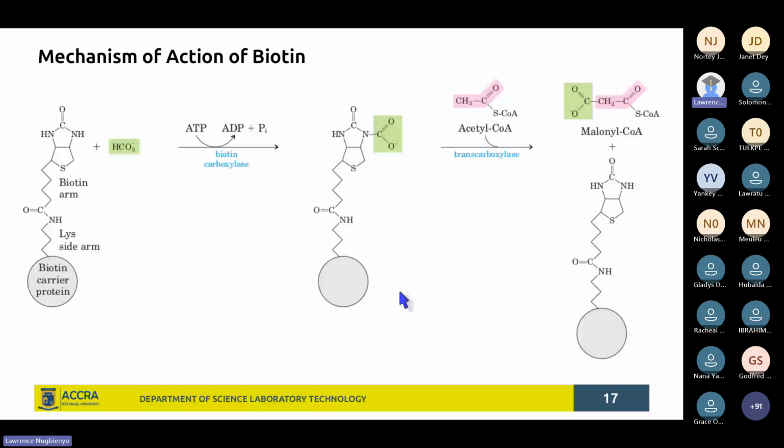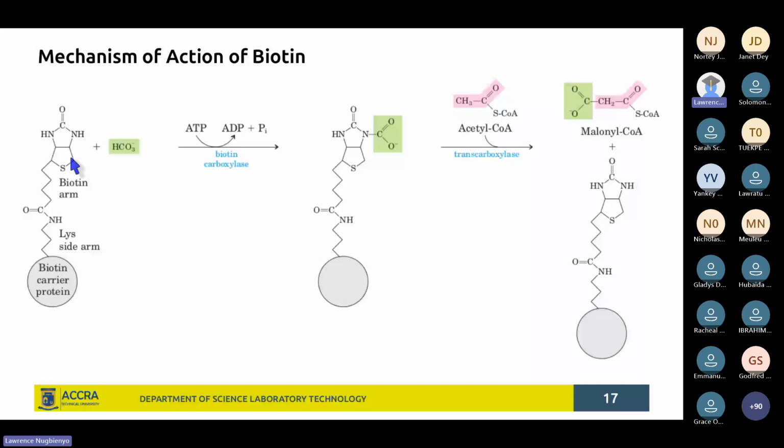You can see the mechanism of action of biotin much more closely. If this is the structure which we have just seen, biotin, it is bonded onto what we are referring to as a biotin carrier protein. Take that to be the enzyme itself. So that's an enzyme to which the coenzyme biotin is bonded.